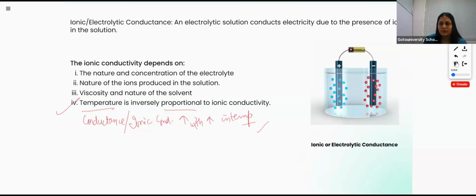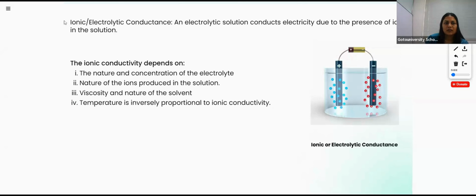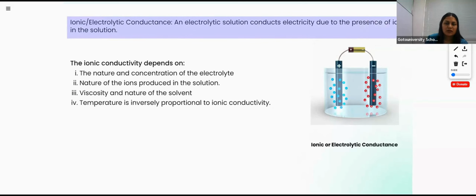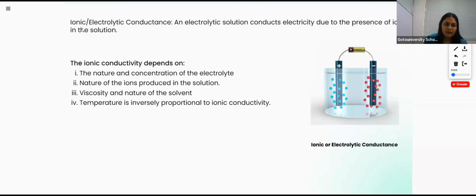So I hope these four factors are clear to you, that is, what factors the electrical conductance depends on. If you read here again, the ionic conductance or electrical conductance of an electrolyte solution conducts electricity due to the presence of ions in solution. The ionic conductivity depends on the nature of the electrolyte we are using.